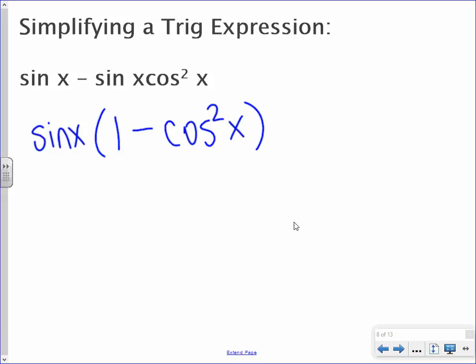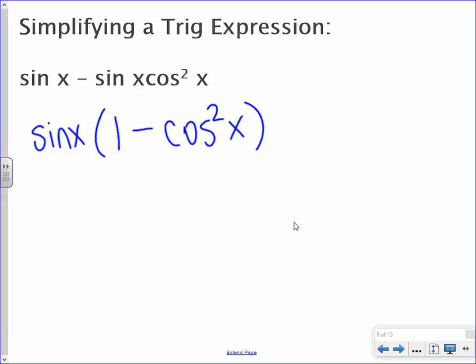How can we make that simpler? Okay. I wrote something on the board that could be helpful. Do we have an identity that relates cosine squared and 1 together?